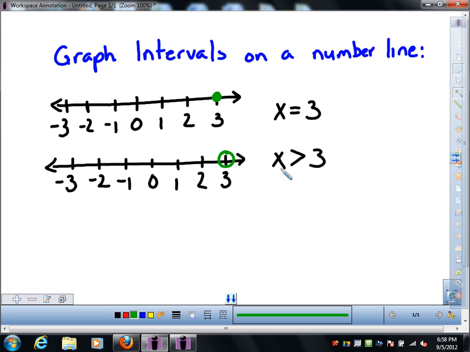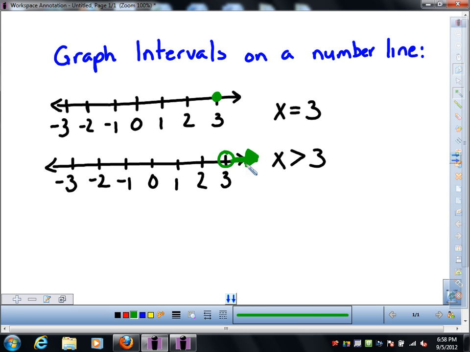And we would shade, because our variable is on the left-hand side, it helps us to see this, everything pointing to the right. So that would shade this whole direction, and it would be all the numbers that go in the green arrow direction, which would be greater than 3.